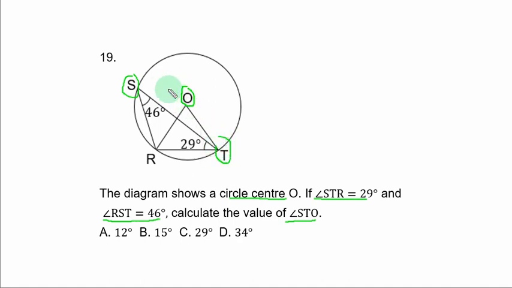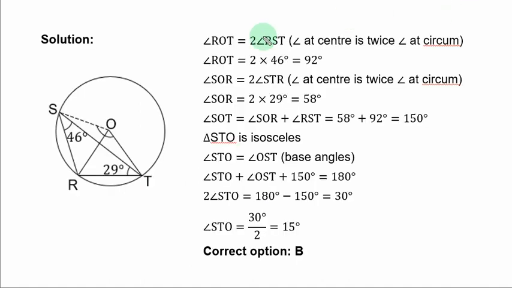So from this, we can close this place in order for us to have a triangle. So we are interested in the whole of this angle. Once we get this angle, from there, we can look for STO. As I said earlier, that part has been closed. So let's get ROT.